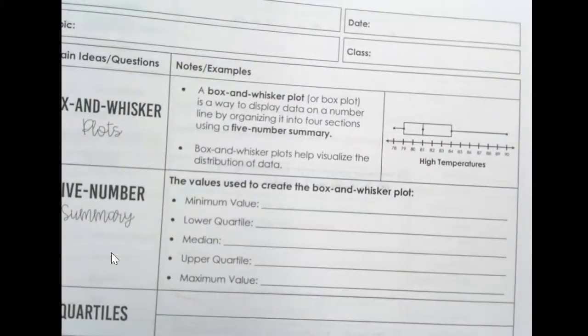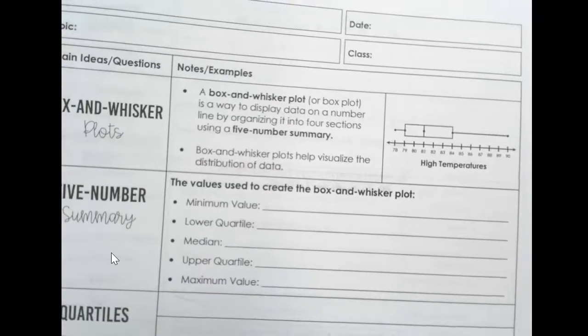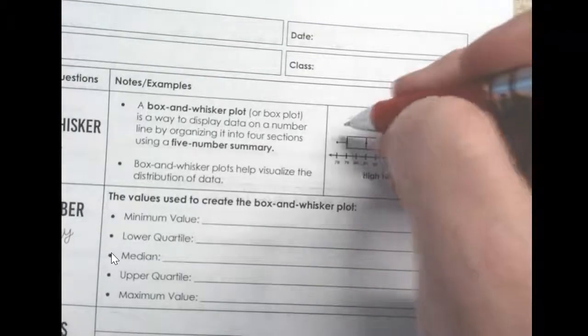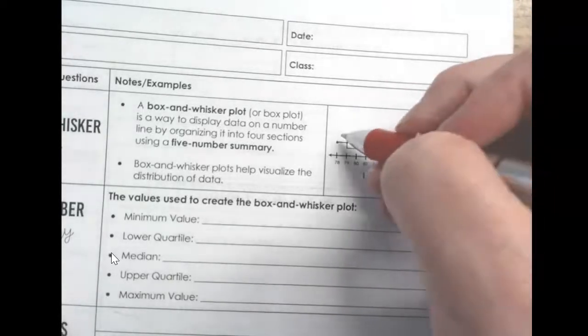So a box and whisker plot, or sometimes it's called a box plot, is a way to display data on a number line by organizing it into 4 sections using a 5-number summary. So the box and whisker plot helps you visualize the distribution of the data. So when we look at our box and whisker plot, here's the 4 sections.